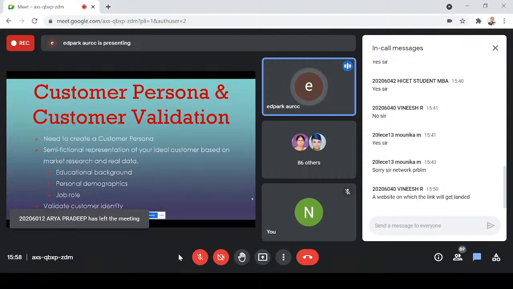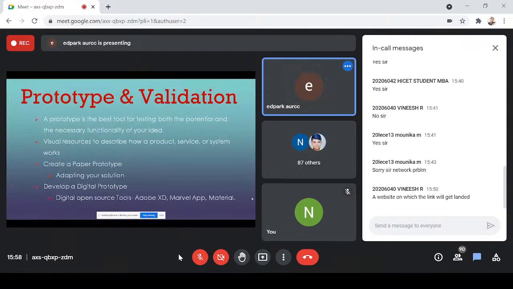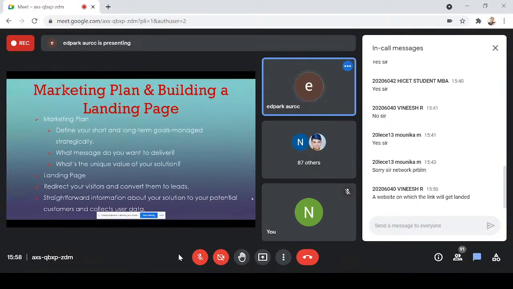And you can validate their identity also. So these are the key aspects of validating an idea, in terms of a landing page as well as fictional representations. Okay.